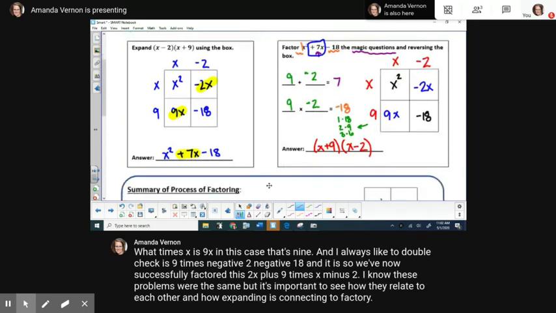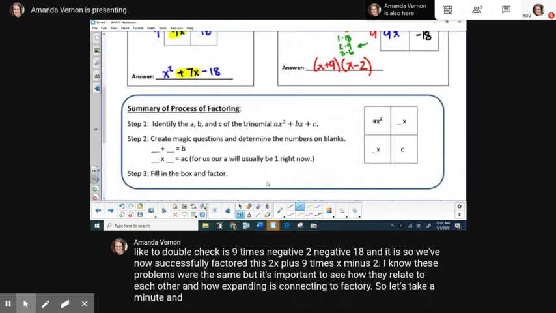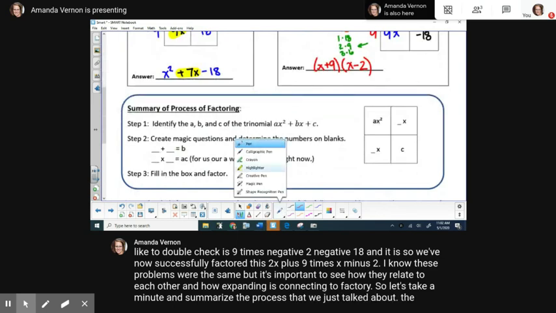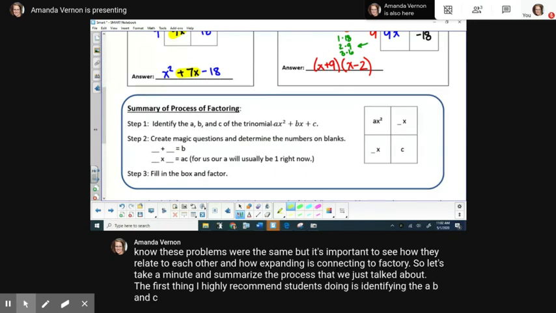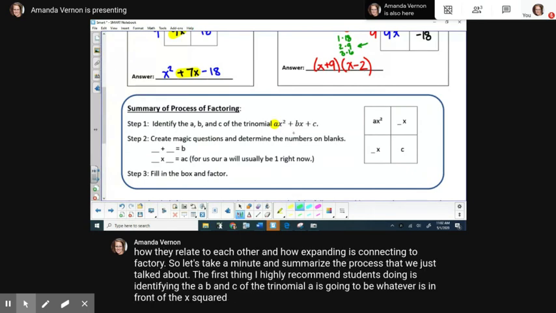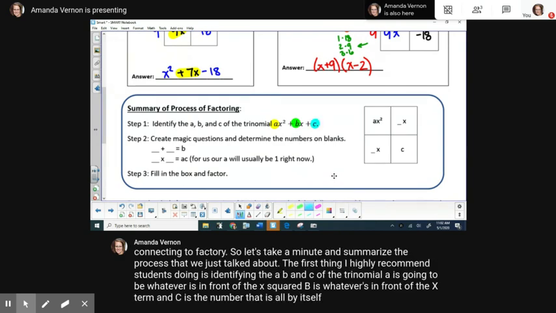So let's take a minute and summarize the process that we just talked about. The first thing I highly recommend students doing is identifying the a, b, and c of the trinomial. A is going to be whatever's in front of the x squared. B is whatever's in front of the x term. And c is the number that is all by itself at the end.